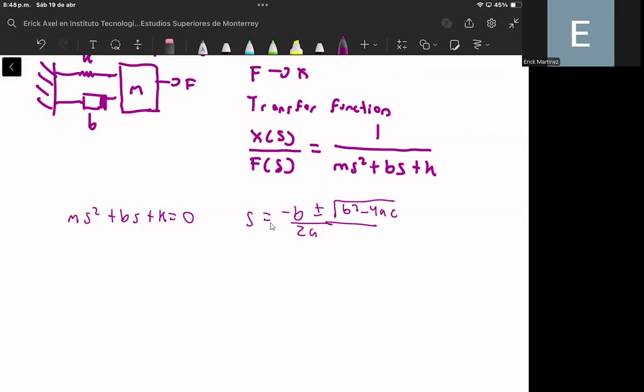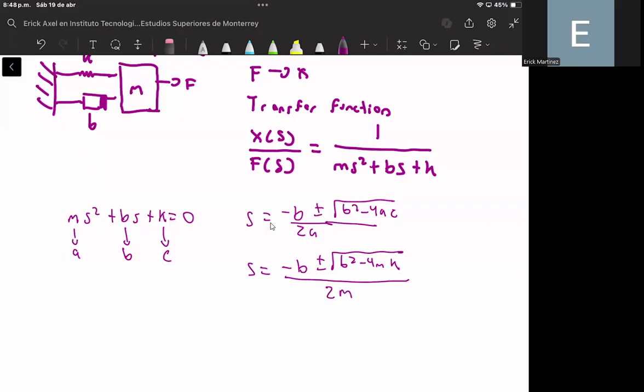So I can say that m is equal to a, b is equal to b, and k is equal to c. So s is equal to minus b plus and minus the square root of b squared minus 4 times a, that is the mass, times c, that is k in this case, and this is divided by 2 times m.